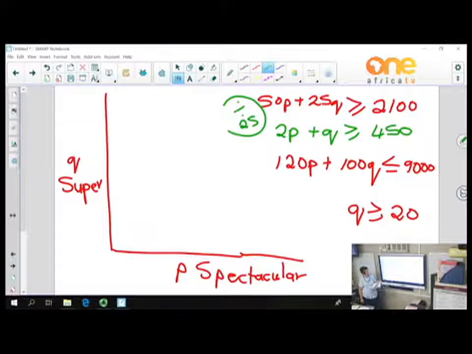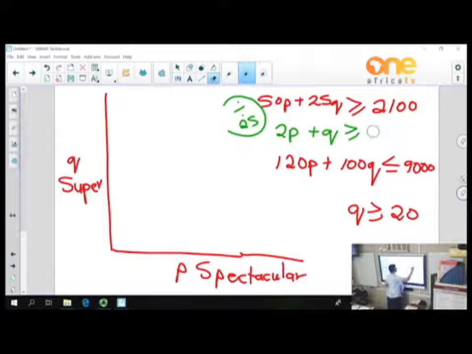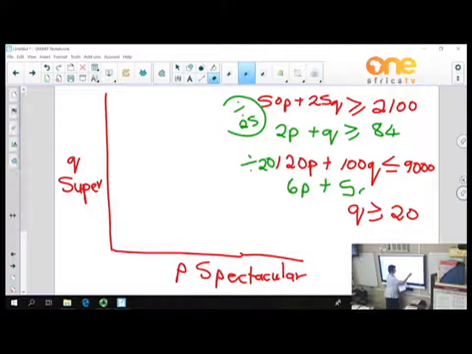Same with the second one. Now the next one, you'll have to divide by 20. So if I divide here by 20, then I get 6p plus 5q is less than or equal to 450. So there you have that one.